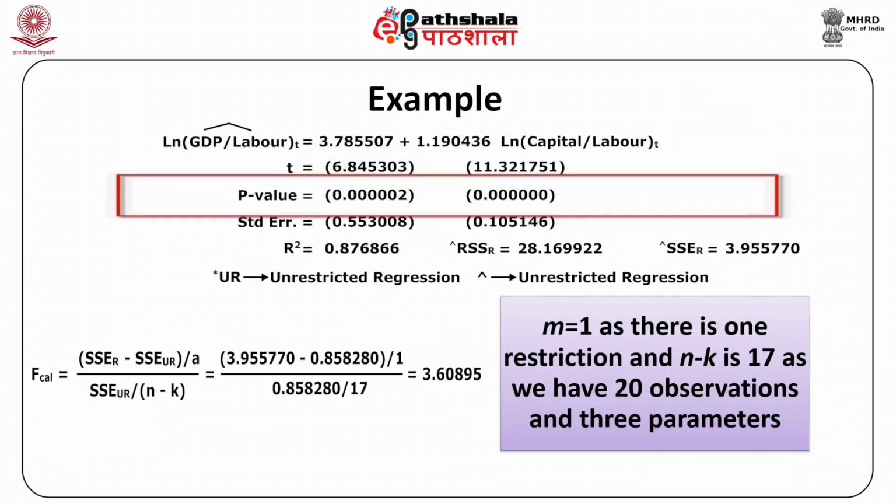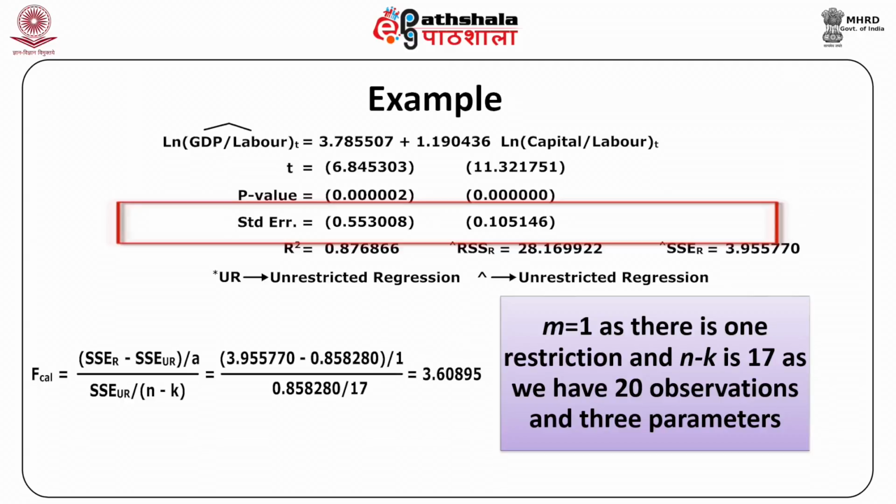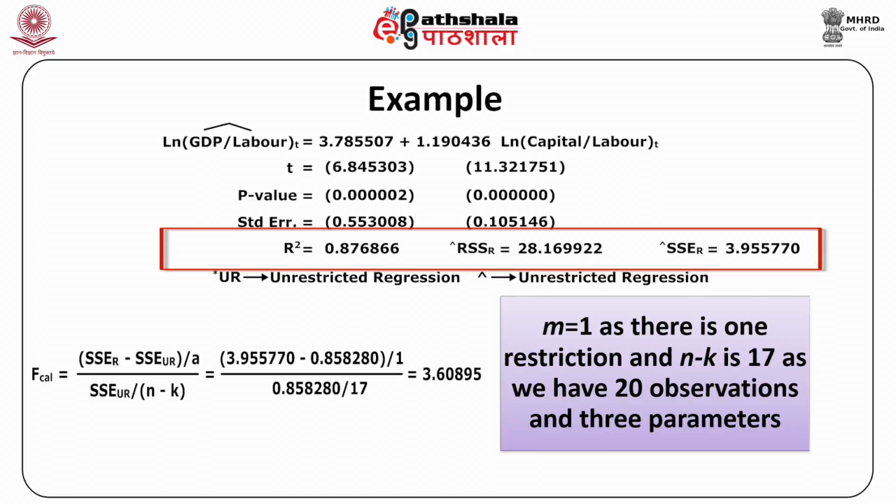The p values are 0.000002 and 0.000000. The standard errors are 0.553008 and 0.105146. R squared is equal to 0.876866.